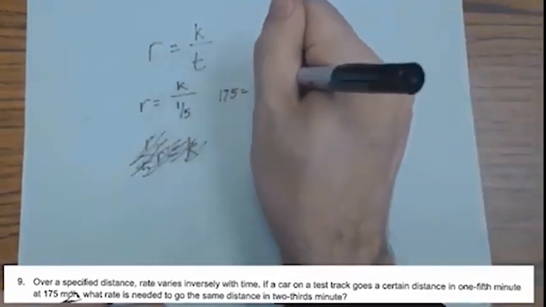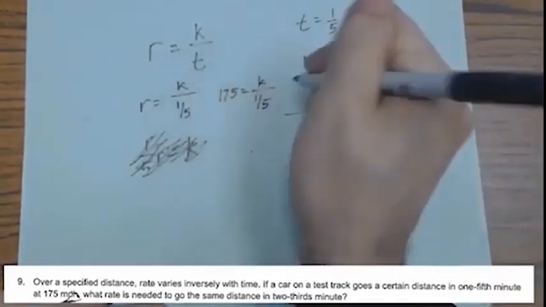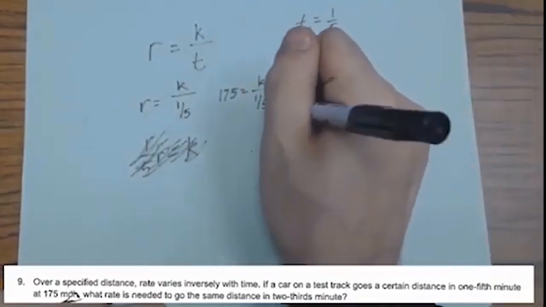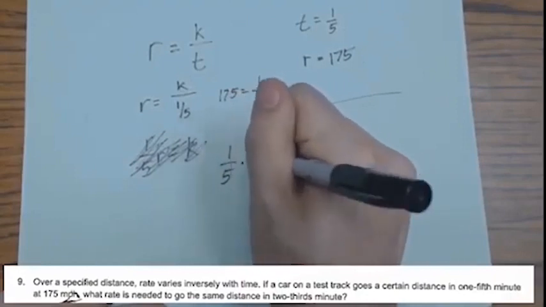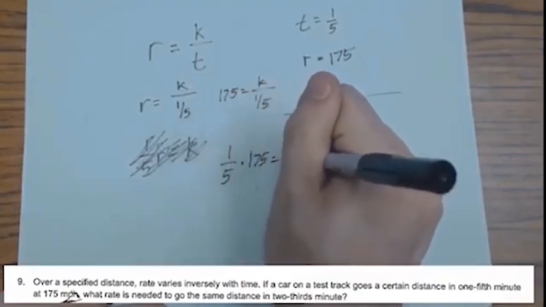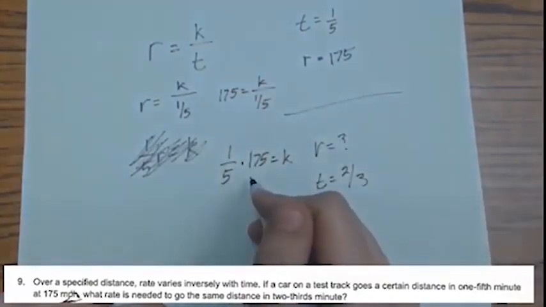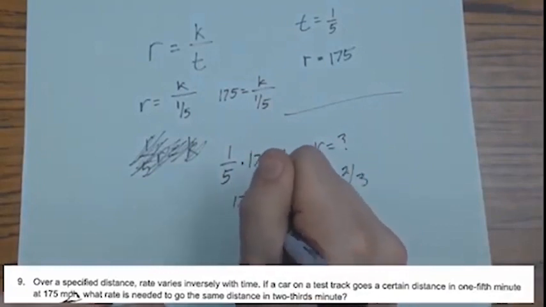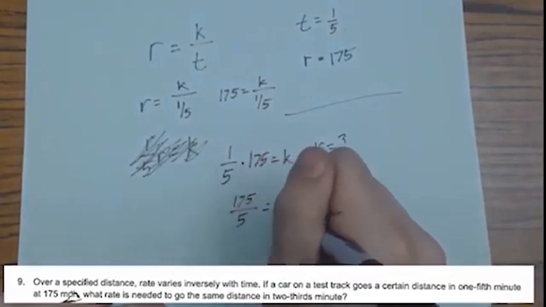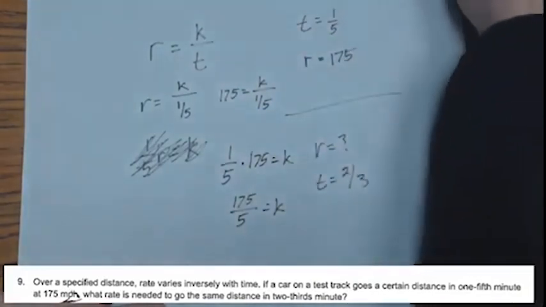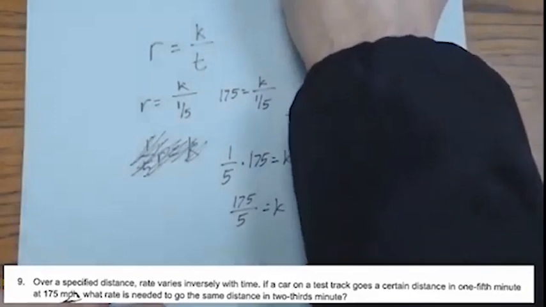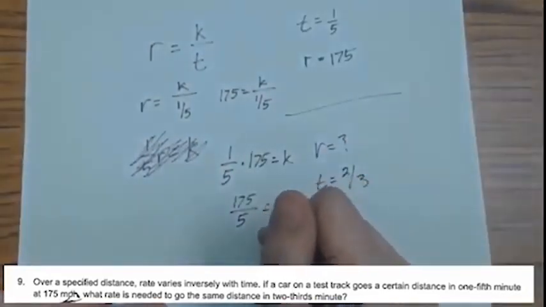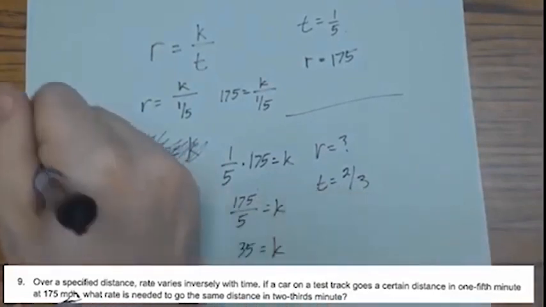So 175 equals k over 1/5. Dividing by 1/5, undoing that is multiplying both sides by 1/5. So we would have ended up in the same spot anyway. 1/5 times 175 is the same as 175 divided by 5, which is 35. So k is 35.